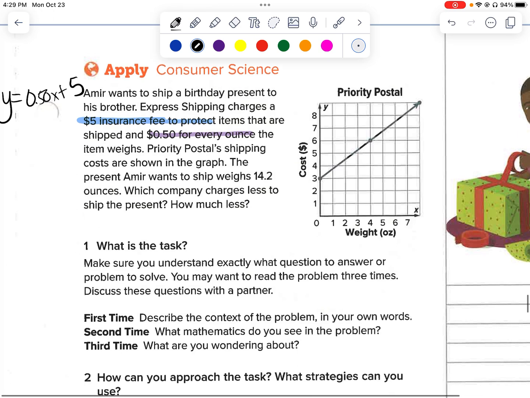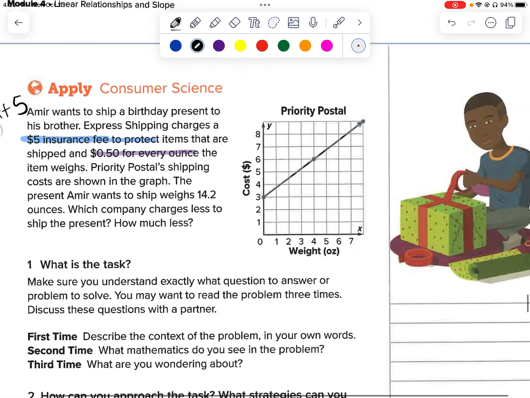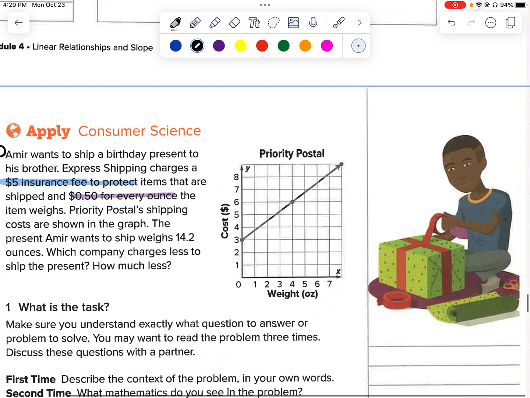Okay, priority shipping costs are shown in the graph. So the y-intercept here is 3, and let's see what it's going up by. So this one up 1, 2, 3, and this one over 1, 2, 3, 4.